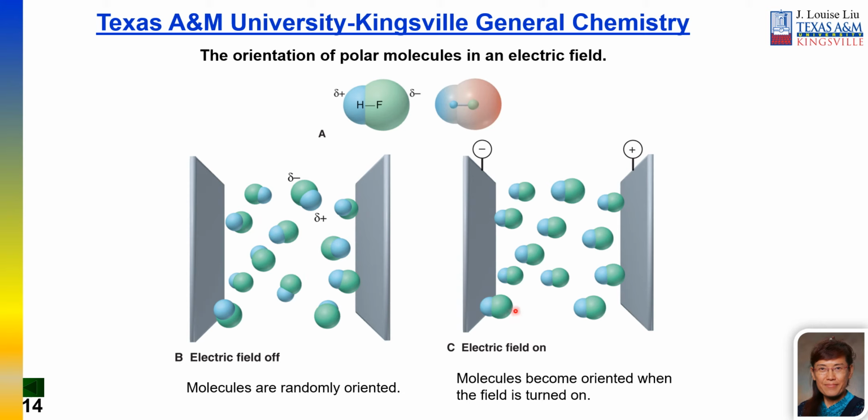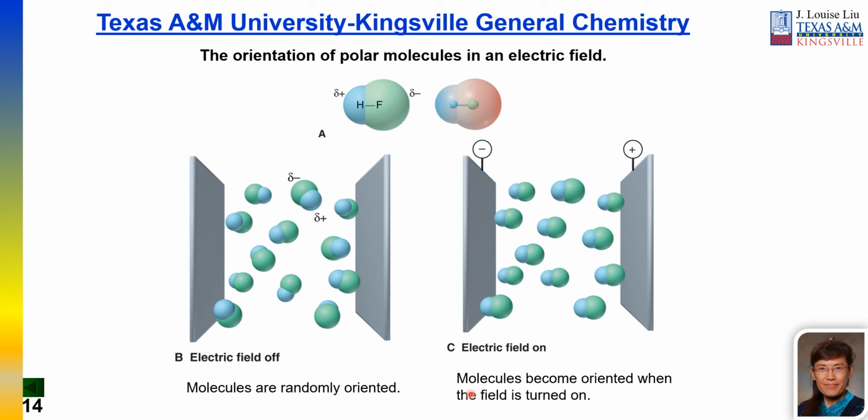If you turn the electrical field on, imagine I have a positive and a negative terminal. What's going to happen? The more positive end will be aligned towards the negative terminal of the electrical field. On the other hand, your fluorine end will be facing the positive end of the electrical field.